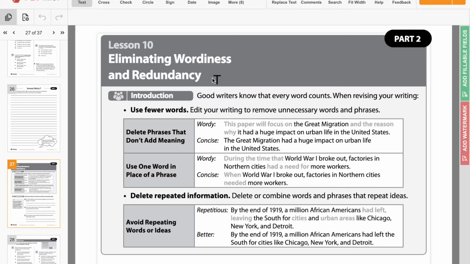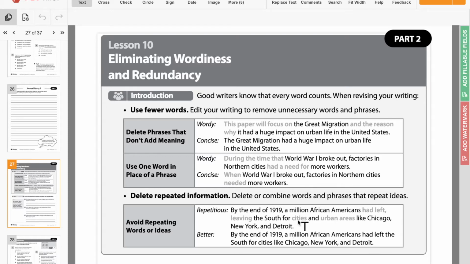Okay? So the repetitious or redundant version is "by the end of 1919, 1 million African Americans had left, leaving the South for cities and urban areas like Chicago, New York, and Detroit." So "had left" and "leaving" mean the same exact thing. It's not necessary to have both of those in there.